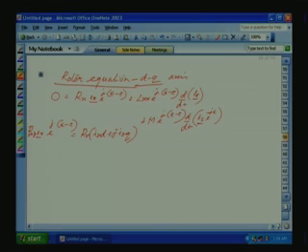Now, let us take the second term, that is LRR e raised to j (epsilon minus rho) into d by dt IR.